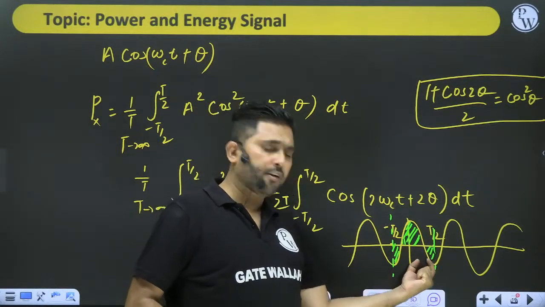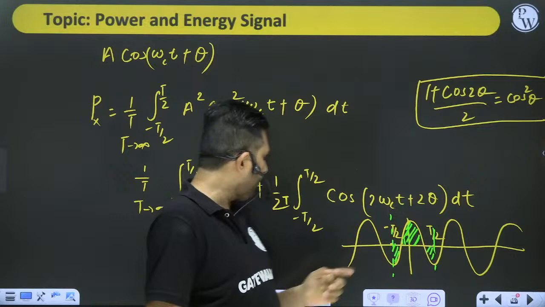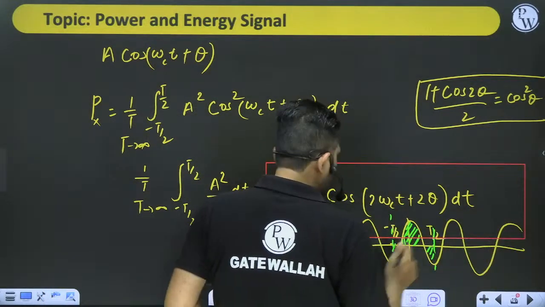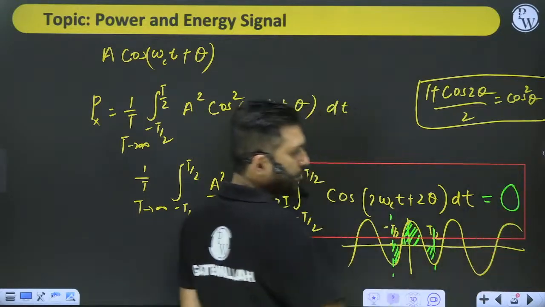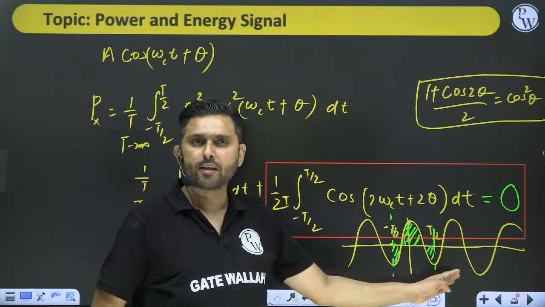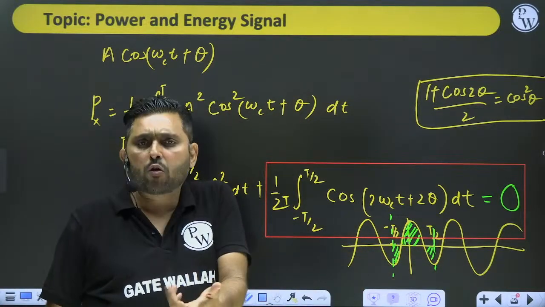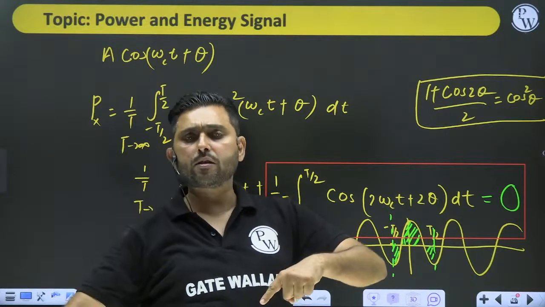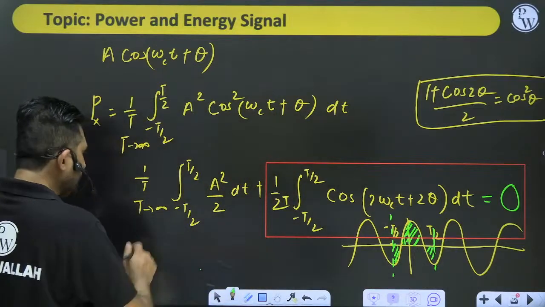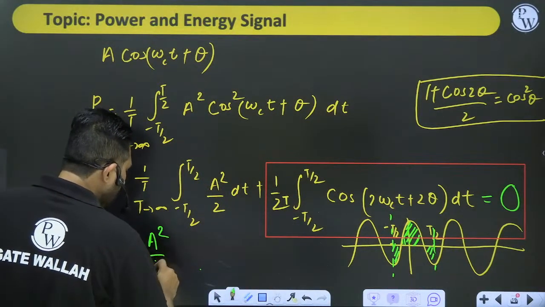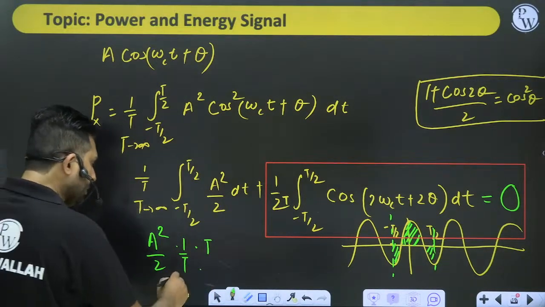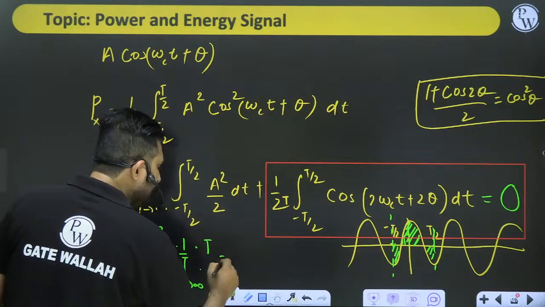And the total positive is cancelled by total negative, then don't you think this will give me big 0? So see here, the total negative is cancelled by total positive. Area under the curve of sine function or cosine function is equal to 0, because whatever positive curve you take, it will be cancelled by the negative curve. You are left with this one, this will be A square by 2 into 1 by T into T, with T tending towards infinity, and hence it is A square by 2.